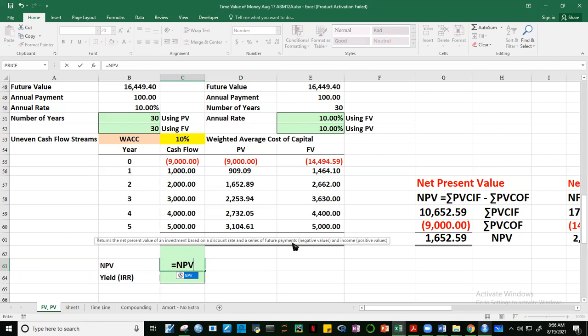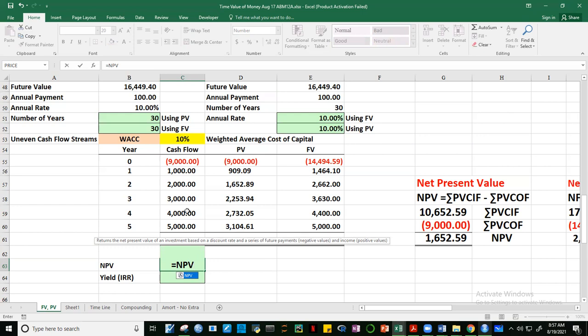Okay, future payments lang. So ibig sabihin, ang isasama lang natin sa cash flows natin, yung 1,000, 2,000, 3,000, 4,000, 5,000. Hindi natin isasama yung present na 0 na 9,000. Which sabi natin is wrong kasi in computing for the net present value, dapat kasama yung value ngayon, no? Yung current value, yung times 0. Pero ang ginawa ni Excel dito, yung NPV function, sabi niya, ang isama lang natin future, itong mga to.